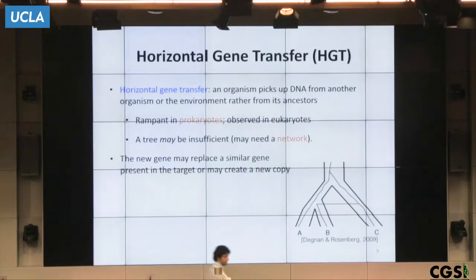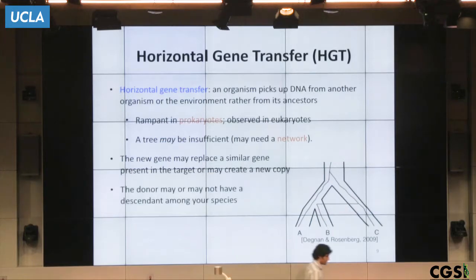Another thing that is a little bit more problematic when we get to the modeling is that this is a nice scenario where the donor branch has a descendant in our sample or today, right?